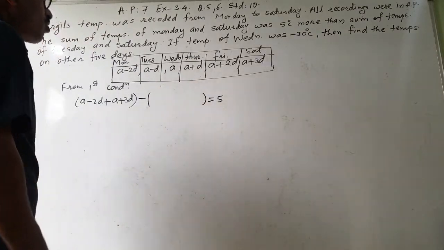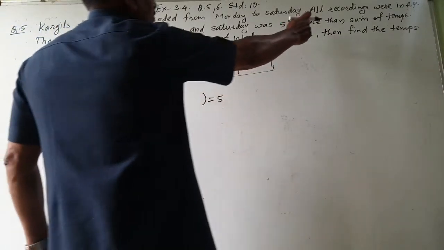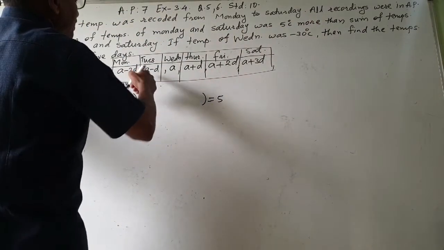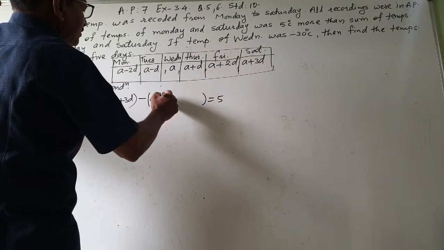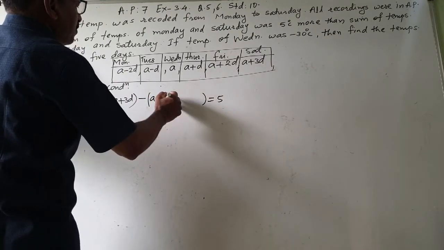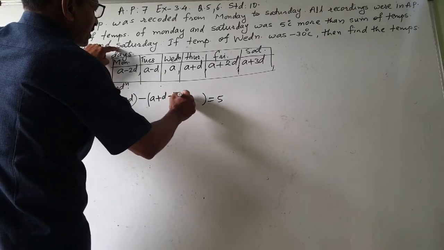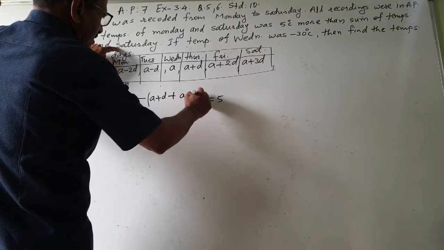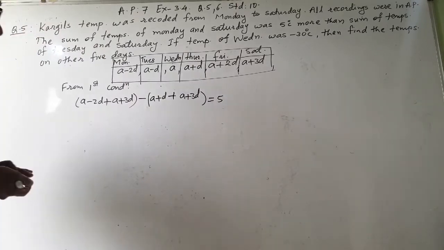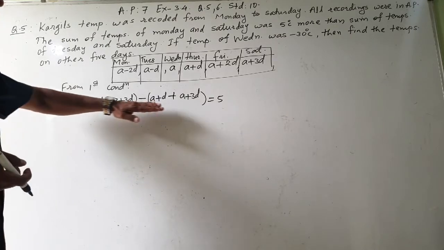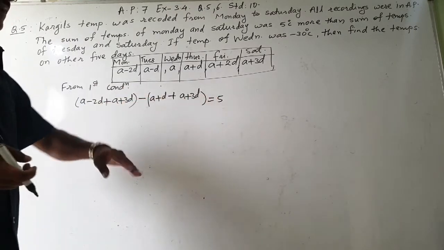More than what? From the sum of the temperatures on Tuesday and Saturday. Tuesday is A minus D, plus Saturday, A plus 3D. See this: whenever the difference is given, one is more than the other, that means it is the difference. The bigger you take here, the smaller you take here, and that difference you will find.